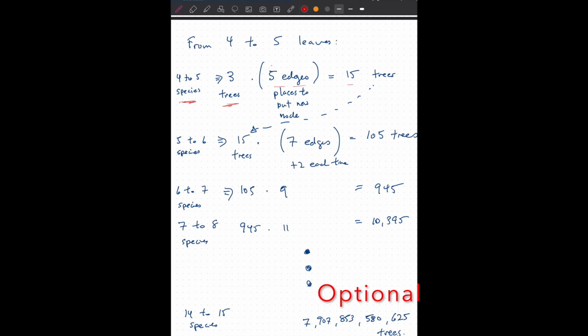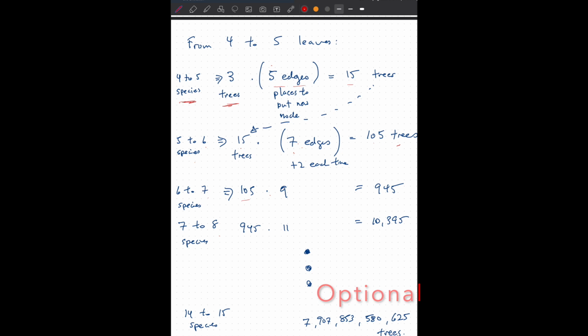Now if I go from 5 to 6 species, I have 15 trees, and they have 7 edges, right? N plus 2, 5 plus 2 is 7. So each of those 15 trees can be modified in 7 ways. Okay, and so in total I get 105 trees. From 6 to 7, I get this 105 times 9, so 7 plus 2, that's just under 1,000.